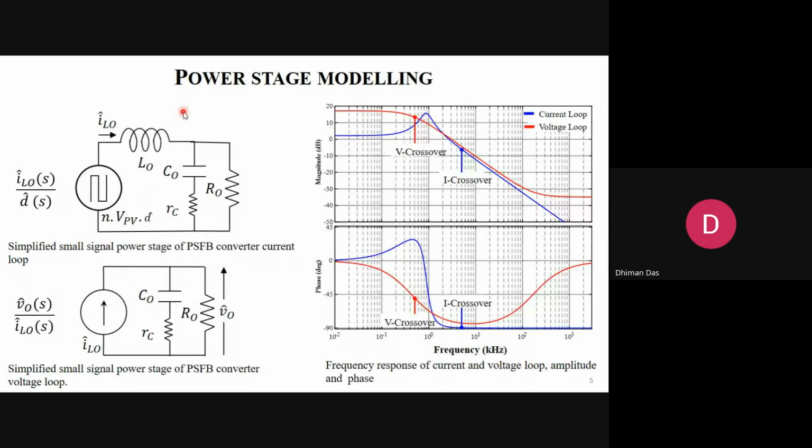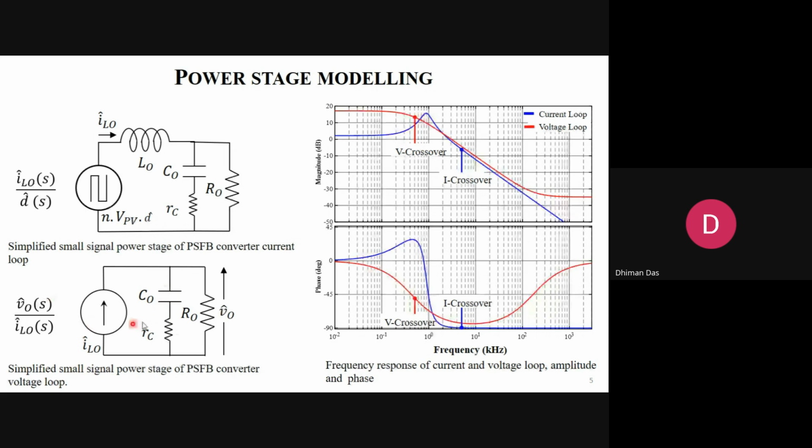Now, for the CC mode, or current controller, you can model this voltage source with series inductor as a current source. So this injection of current actually causes the rise of voltage across the output, because this current is pumping into the output capacitor.